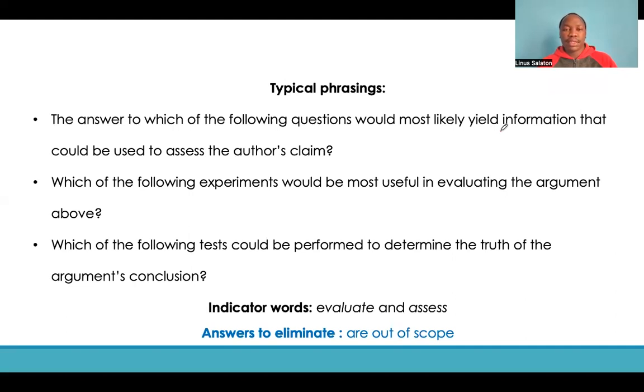So answers to eliminate in this scenario are answers that are out of scope or do not provide conclusive information about the argument presented in the stimulus. So we'll look at a practical example of that. We'll do 2 examples that have different answer choices, where we'll see how to determine their correctness as well as whether they are false given that particular scenario.